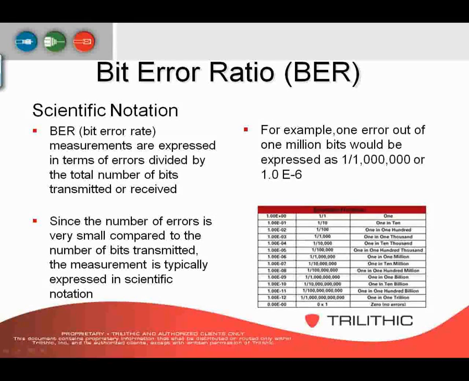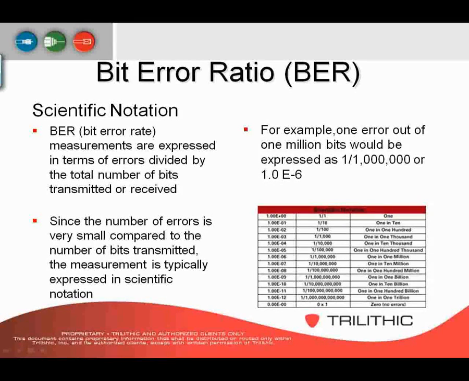So this gives a better description of how to read bit error rates. The way to remember bit errors is to look at the number on the far right side.